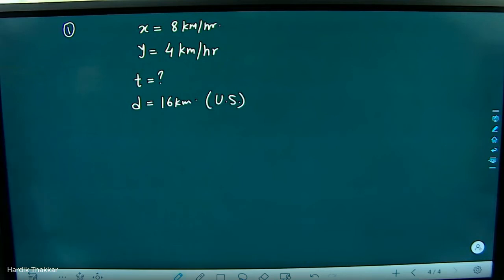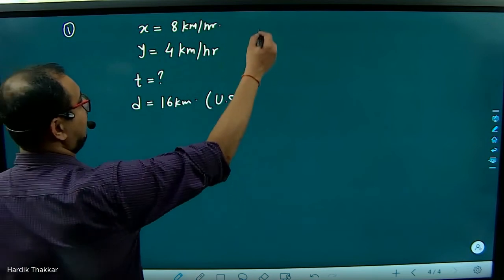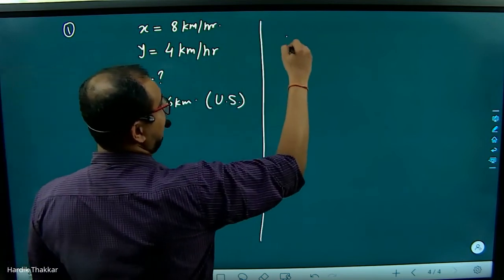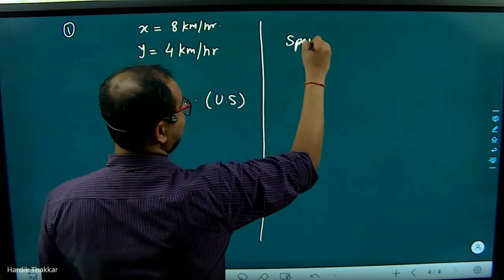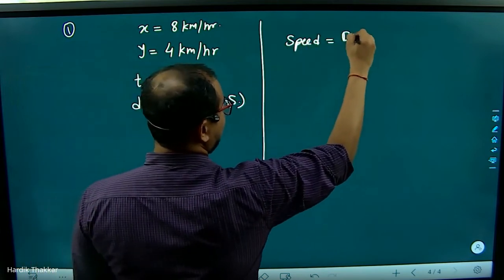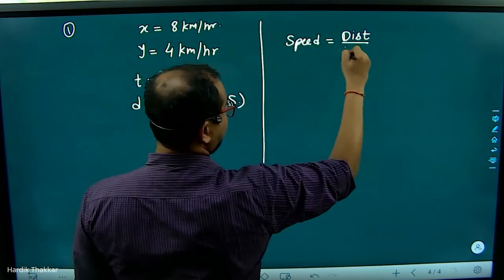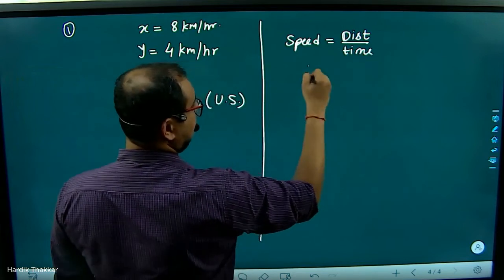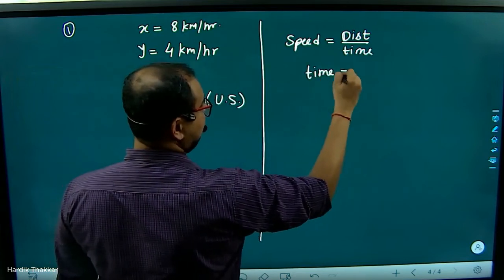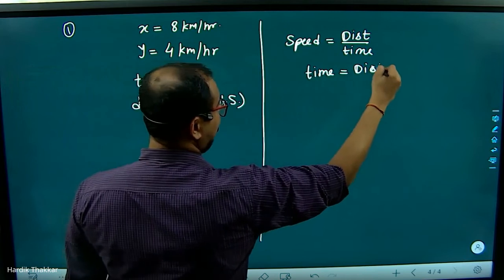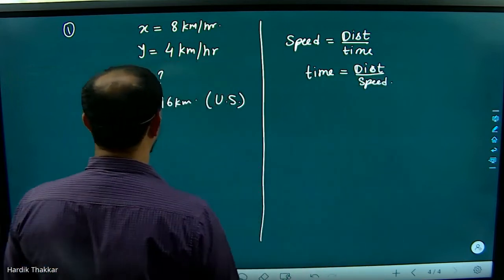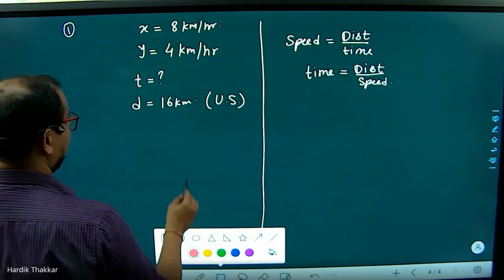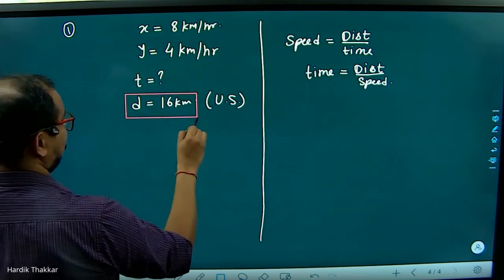So how can we determine this time? Look, speed is equal to distance upon time. So we can write time is equal to distance upon speed. Here the distance is given, 16 kilometer.